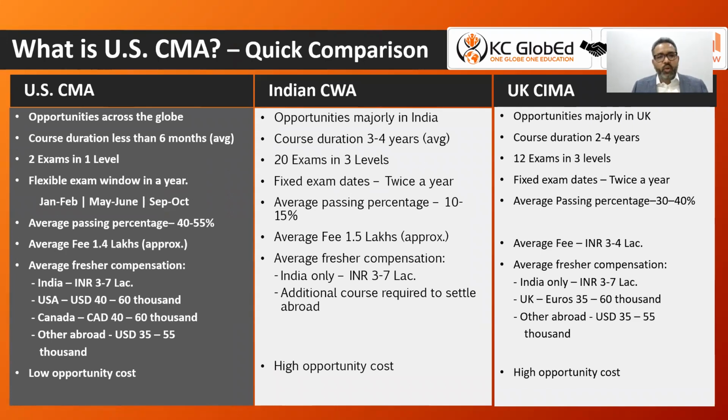Whereas the US CMA exam window is 6 months in a year. That is 180 days. You can choose any day you like, any time you like in this 180-day exam window. And in any sequence, it's not like you need to sit for part 1 first, then part 2. You can sit for part 2 first and then part 1. It's completely your choice.